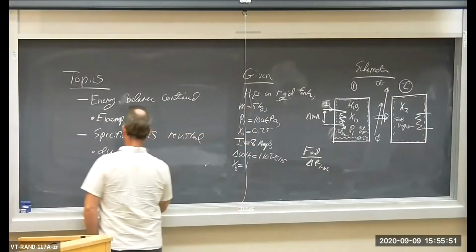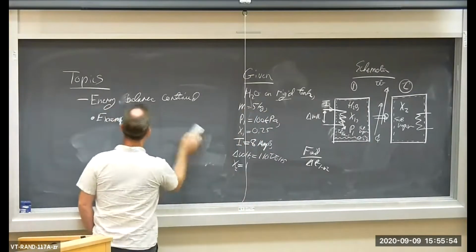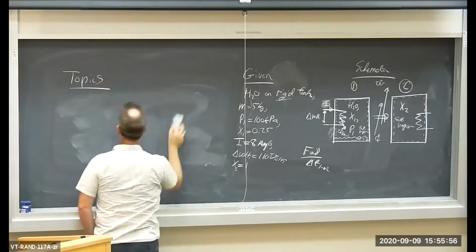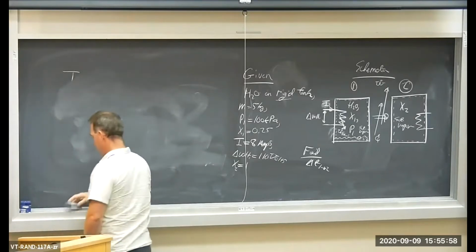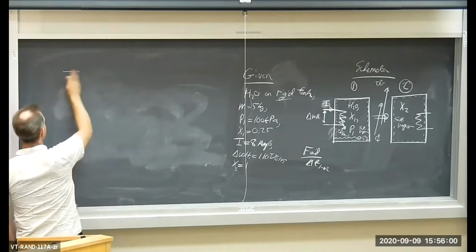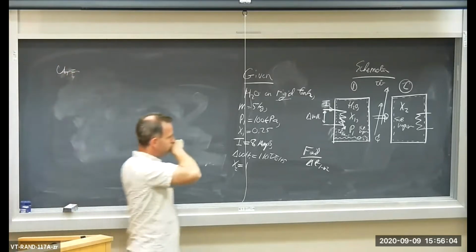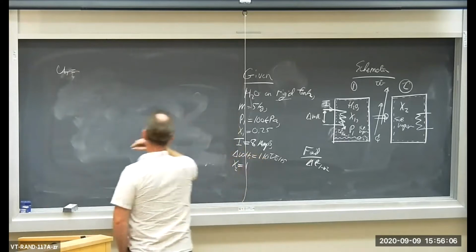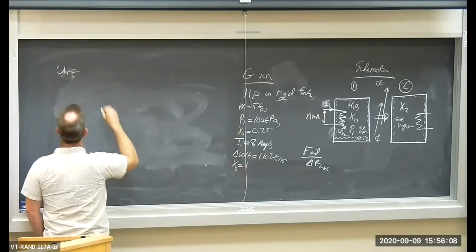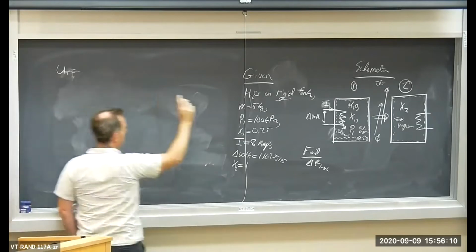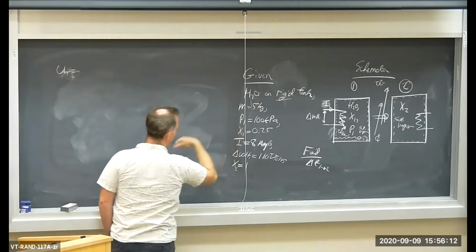Let's see if we can find U1 and U2. Let's see here, U1. That's equal to, we have an initial pressure, we have a quality.